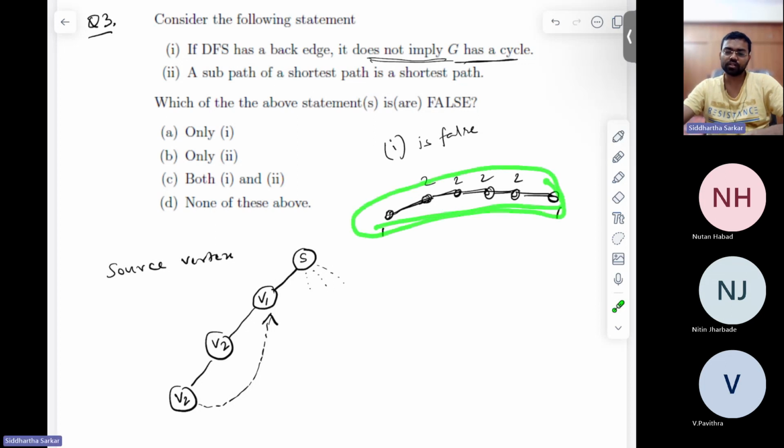So let us say this is the shortest path between two vertices, P1 and P2, and the edges have weights. Now consider a subpath in the shortest path, between one vertex, let us say U1, and another vertex U2.